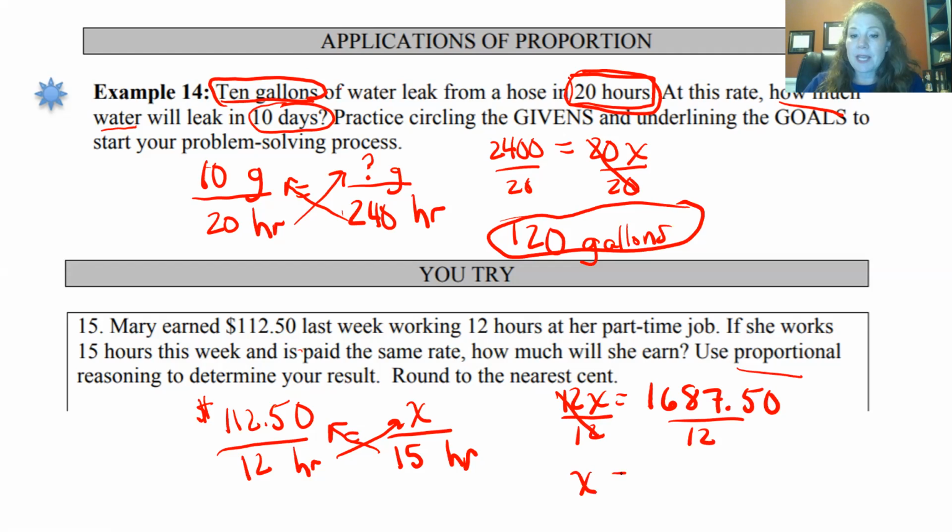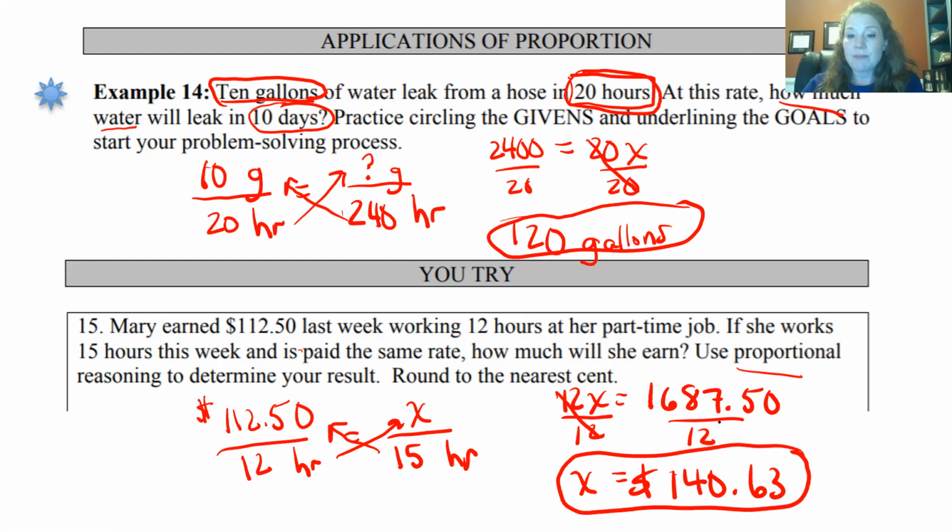So the answer is 1,687.5 divided by 12. And it says round to the nearest cent. So the answer is $140.63. That's how much money she made working 15 hours.